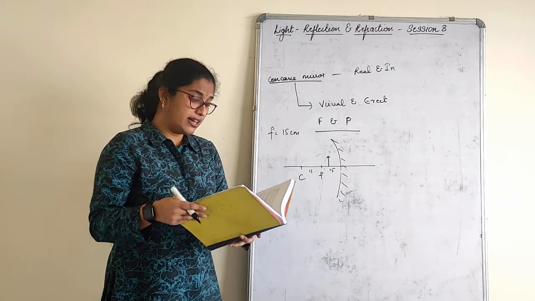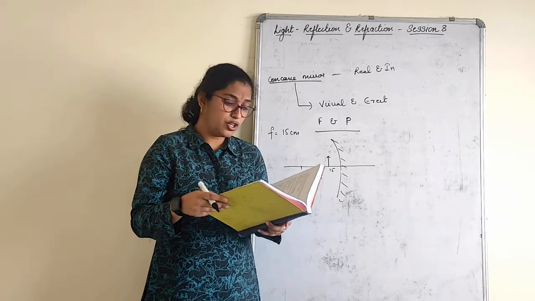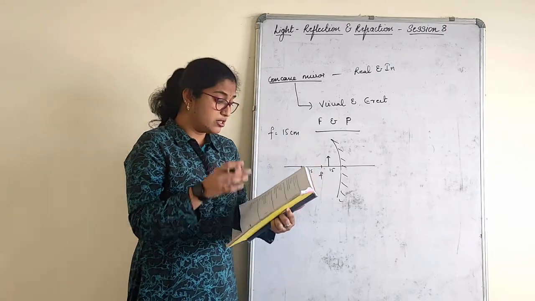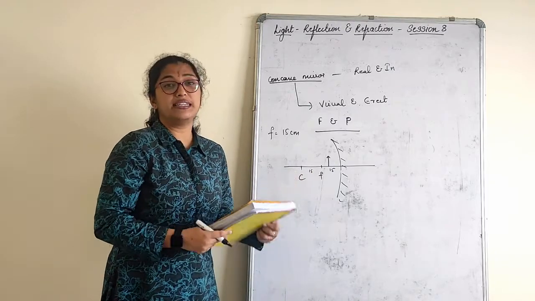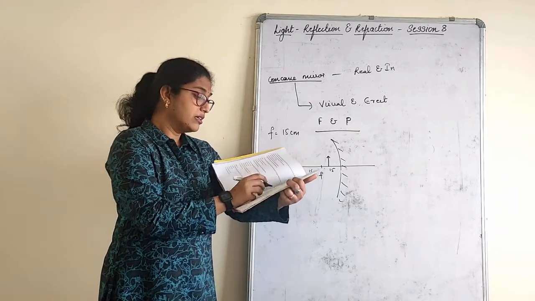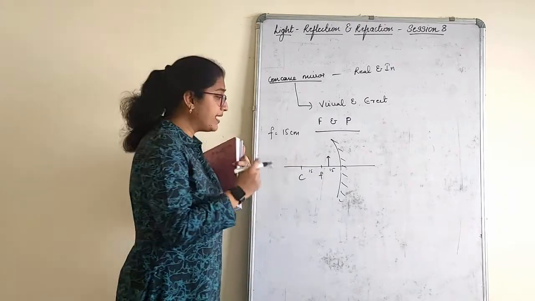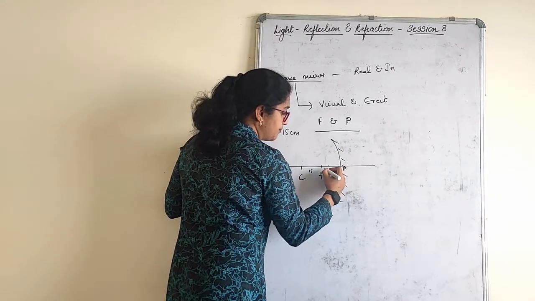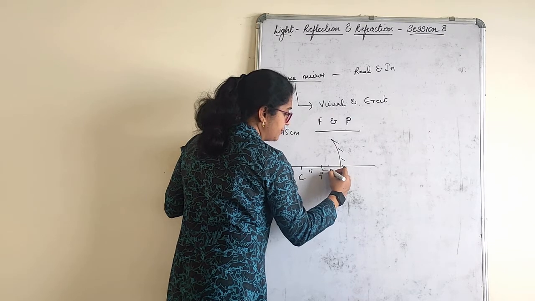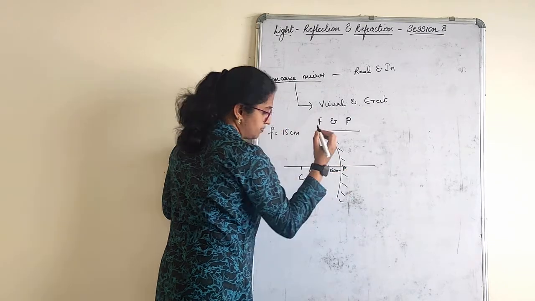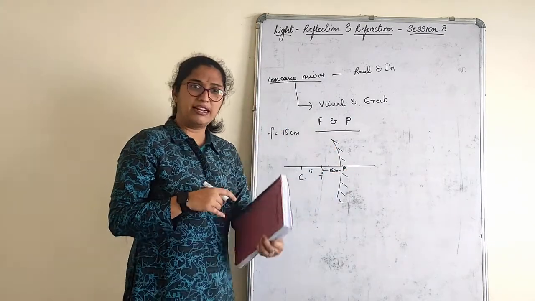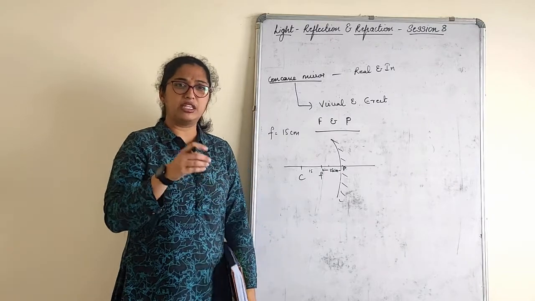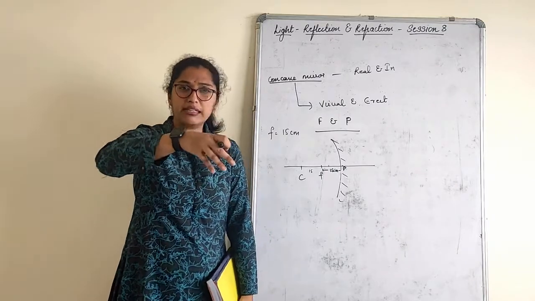So what will you write as the answer for this? The range of the object should be between the distance of 0 to 15 cm from the pole of the mirror. Why did I mention 0 to 15 cm? This is the pole, children. What is this measurement? 15 cm. Where should I keep? Should I tell that I should keep it at 14 cm, 12 cm, 13 cm, 10 cm?